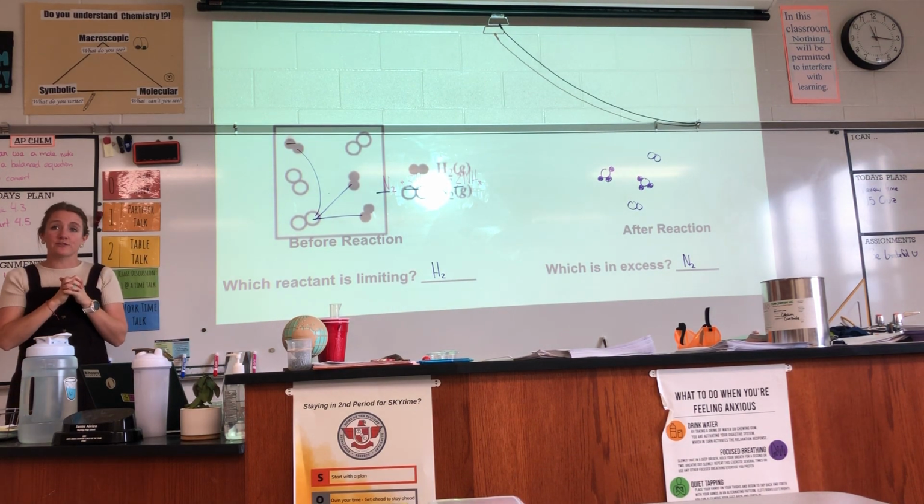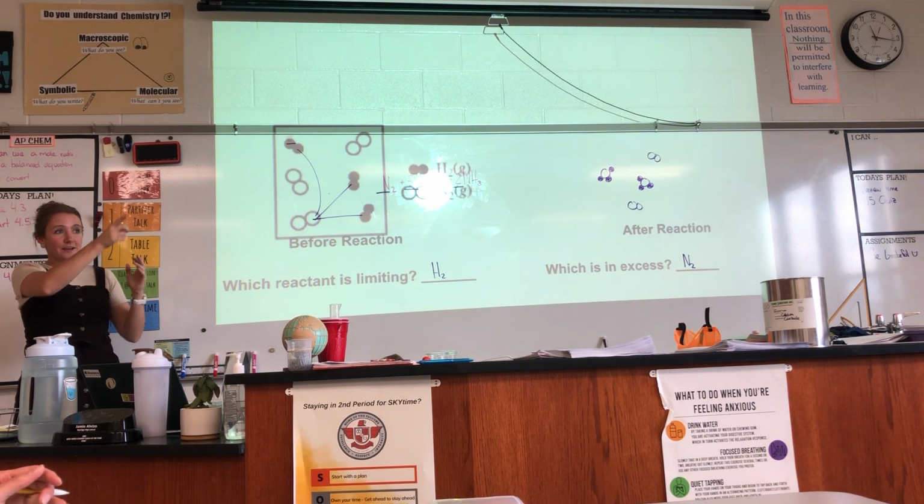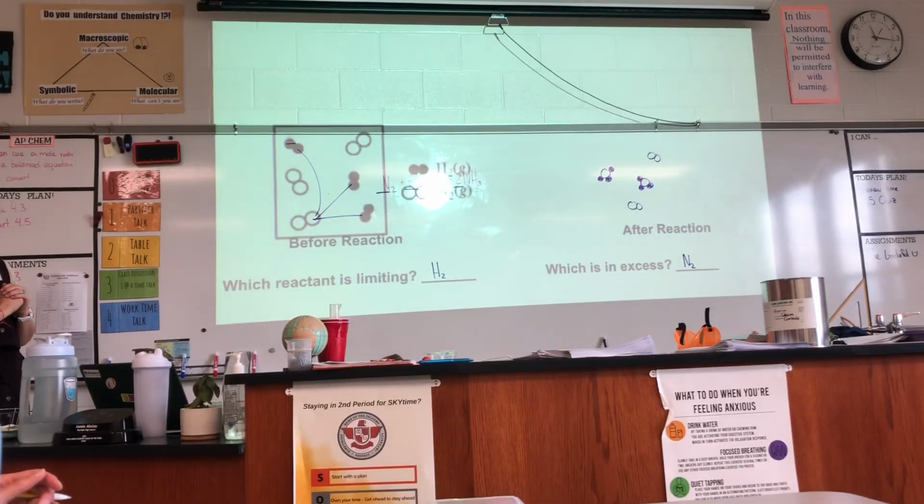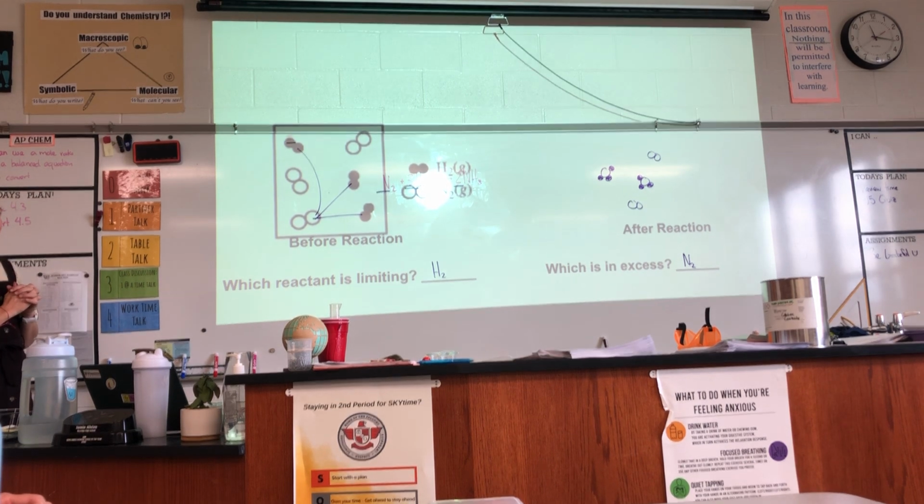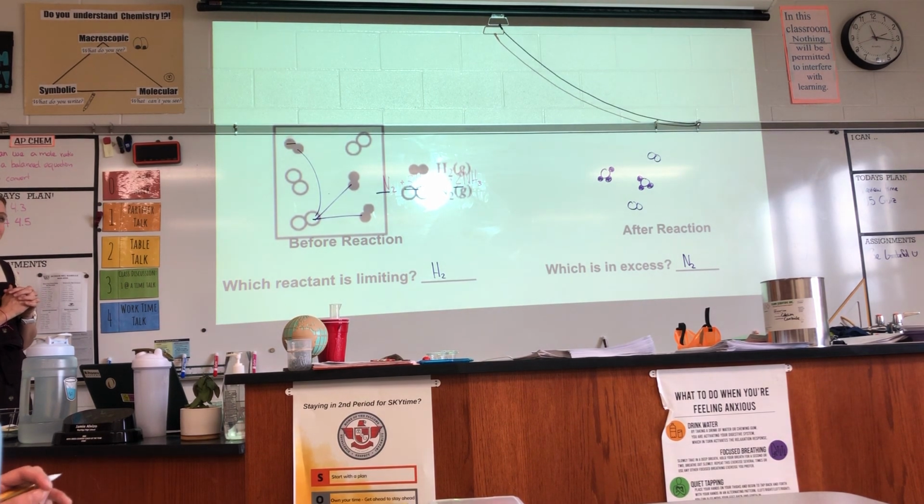Someone else have a different thought about that? Other Zach. So I was saying, if you need 4 of one of these with 3 of one of these to make a new molecule, and you're left with only 2 of these and 1 of these, then you can't put those together.